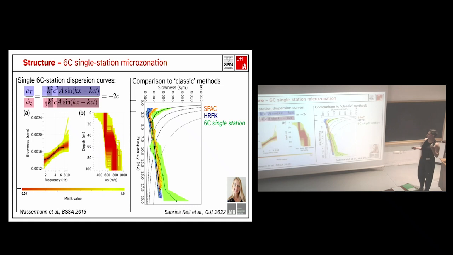And what she also did is compare this single station method to more established methods like SPAC, explained by Michel earlier, and HRFK. I don't remember what the long version is of HRFK, but yeah. And you see in green here that this is the dispersion curve of phase velocity obtained with a single station with rotational measurements and translation combined.